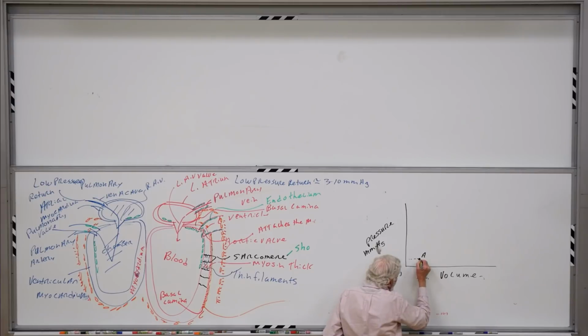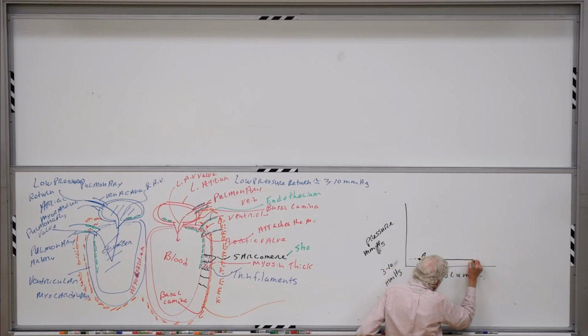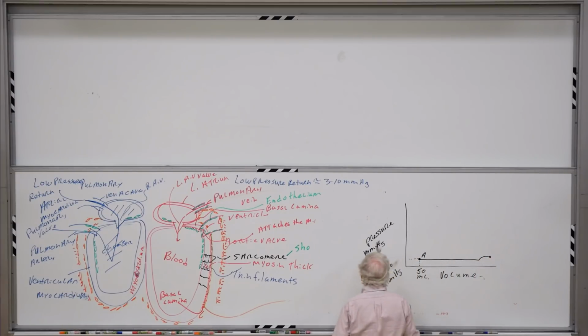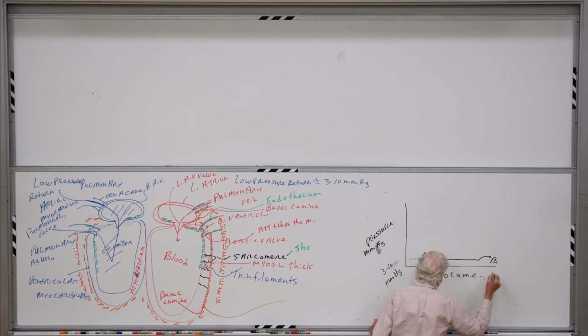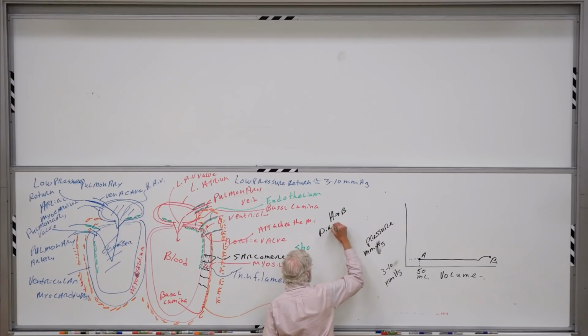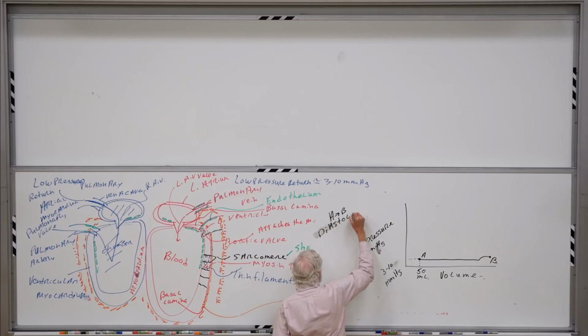Now, there's going to be this straight line that comes across, and right at the end, there's a little bit of a bump. The line from A to B represents the period of diastolic filling.